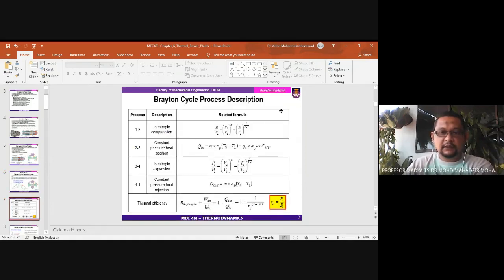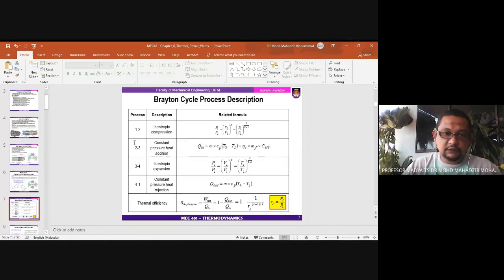These are the formulas that can be used for the calculations or analysis of the Brayton cycle. For process one, states one and two, it is isentropic compression, so you can use the three isentropic relationships between pressure, volume, and temperature.